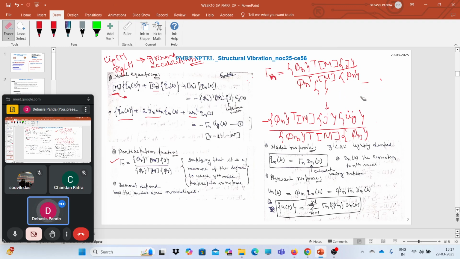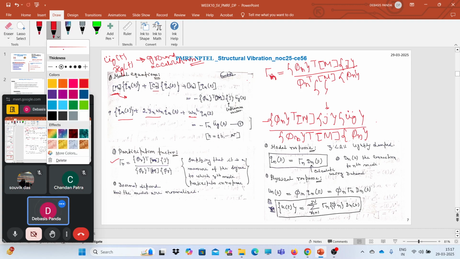Now once we have all the modal information, we can easily calculate this quantity, what will be the participation factor due to this earthquake motion.